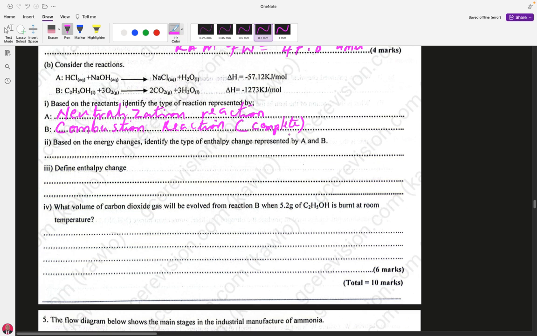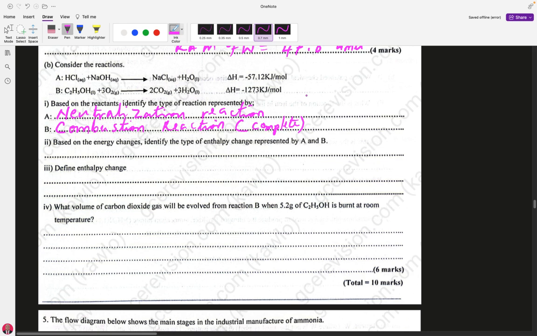Why do I say they are exothermic? Because the energy change, delta H, is negative, in kilojoules per mole. Delta H is minus 1273, which is negative. So all of them are exothermic reactions. What is an exothermic reaction? An exothermic reaction is a reaction in which energy is evolved, heat is evolved to the surrounding.